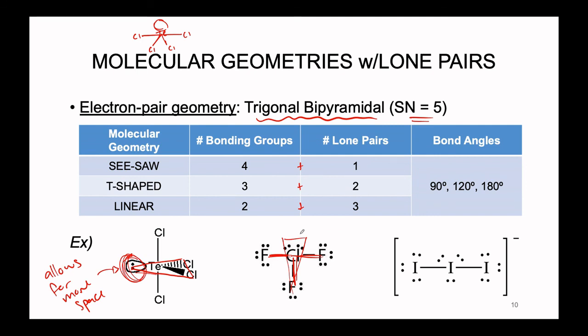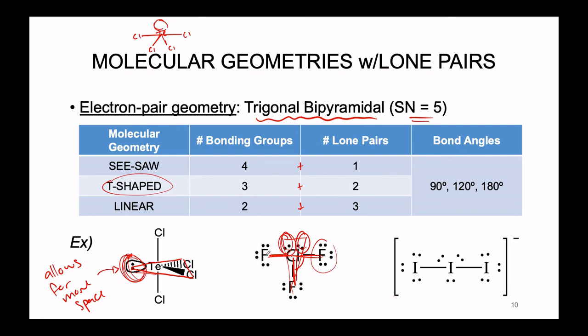They have an extra degree of space because the atoms in the central equator are all separated by 120-degree bonding angles, whereas if the lone pair were to exist, let's say here, it would only have a 90-degree separation. So the bonding pairs around the equator are what get swapped out for these lone pairs. They allow for more space. The resulting shape of the atoms in the molecule is T-shaped.